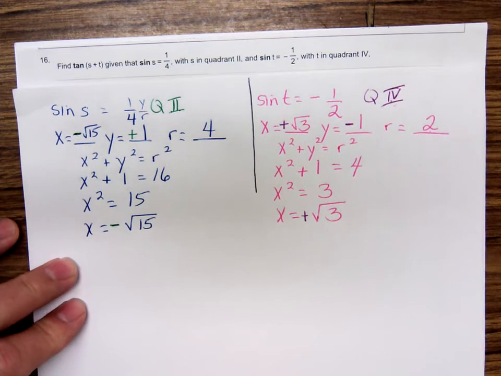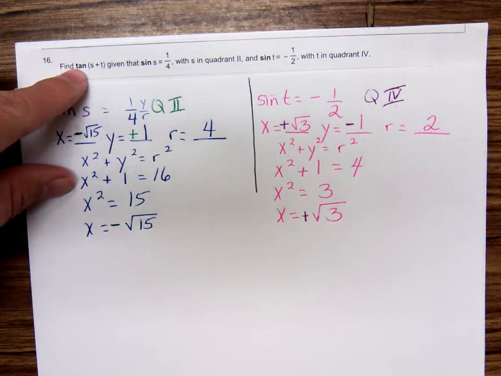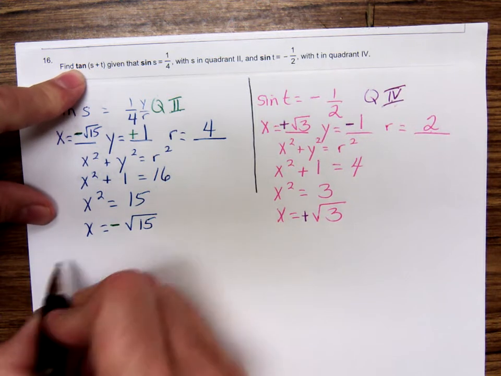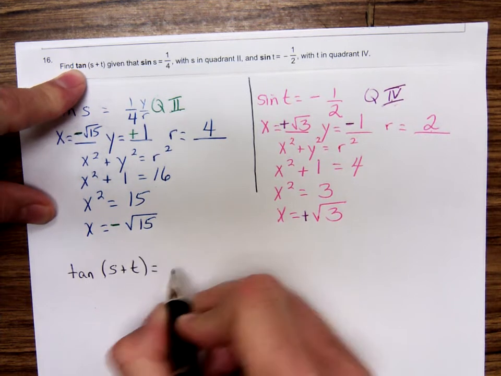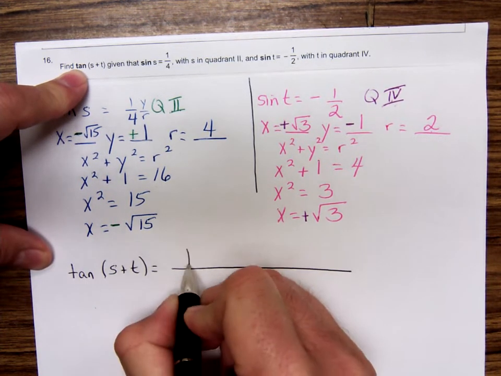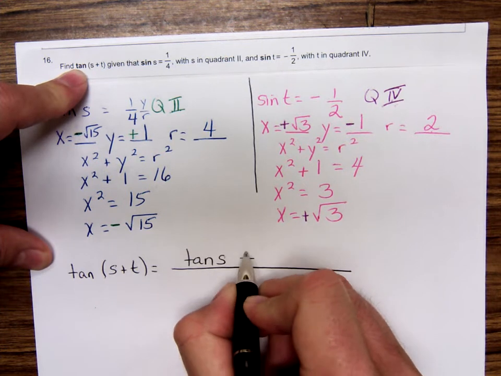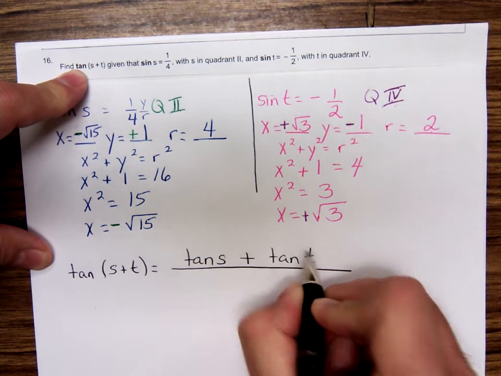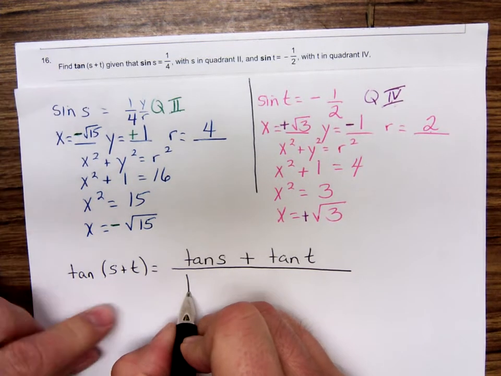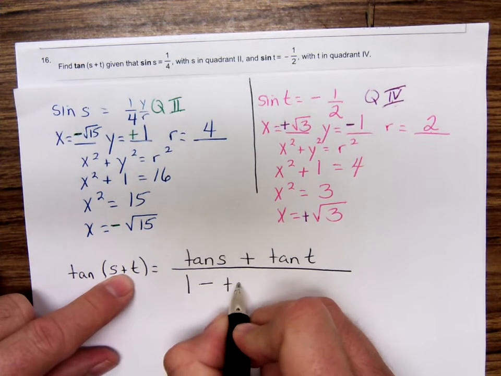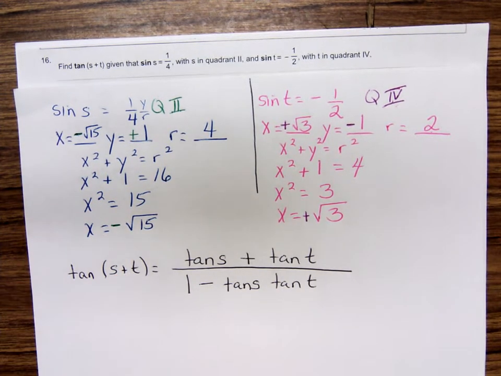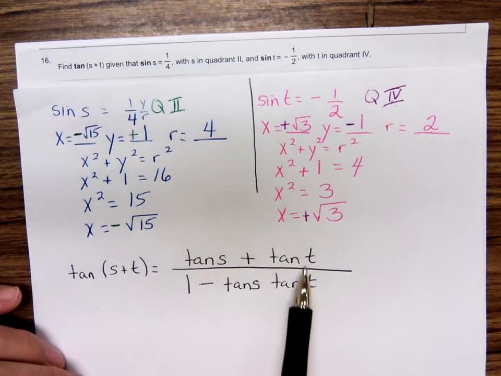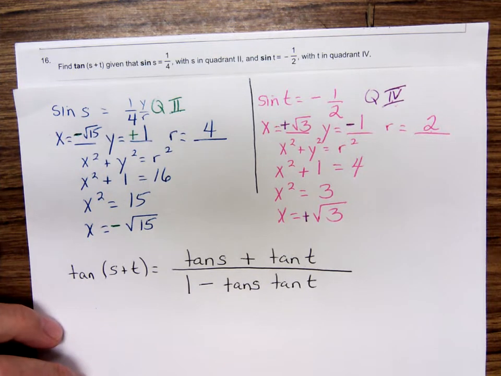So now let's find, what do we have to find? Oh, tangent of S plus T. Let's write these little identities. It's tangent S, same symbol, tangent T, over 1, change the symbol, tangent S times tangent T. So we're going to need to know tangent S and tangent T. So let me go ahead and write those out.